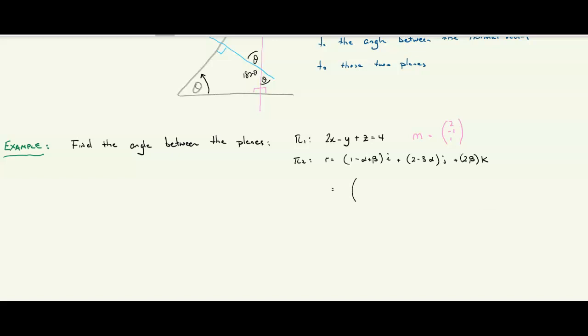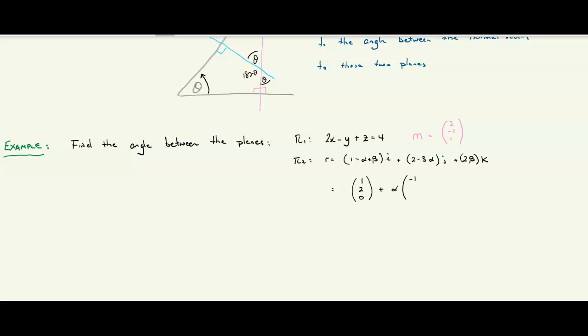So I've got a point on my plane which is defined by 1, 2, 0, and now come my direction vectors, defined by in turn alpha and beta and the coefficients thereof.